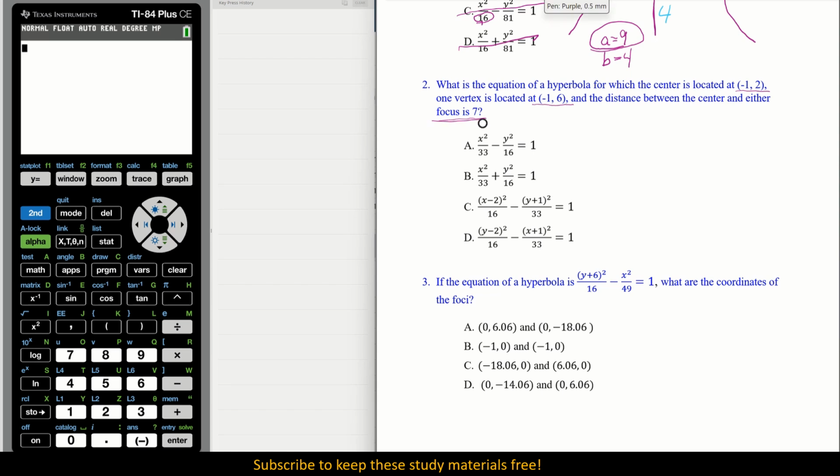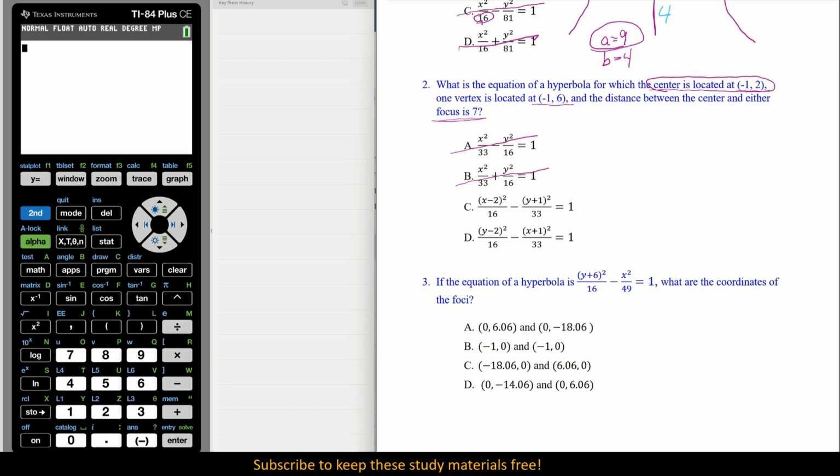The first thing I need to point out is that the minute we saw that the center is not at (0, 0), that tells me that option A is out and option B is not a possibility.